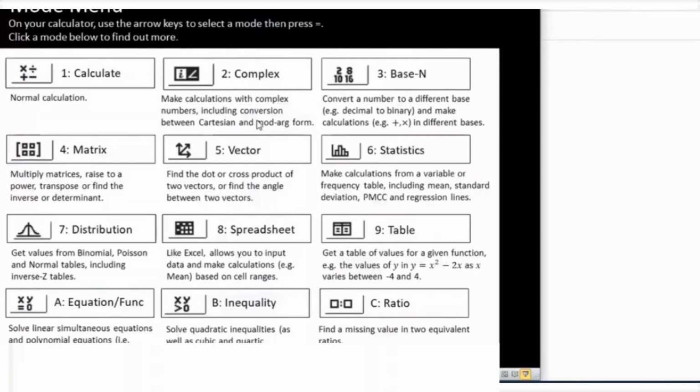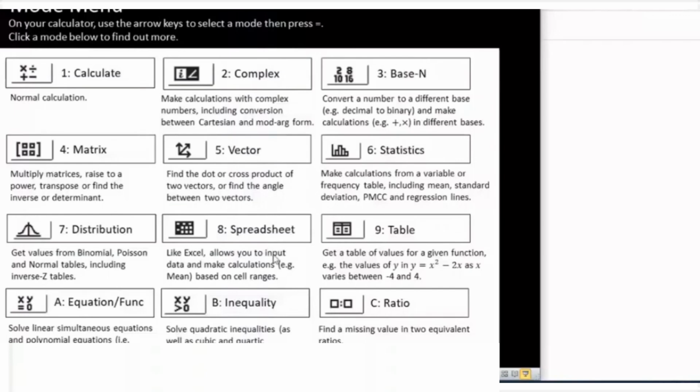Since spreadsheets and base n are not directly related to A-level mathematics, nor matriculation and intermediate mathematics, these are the only two modes that we have not experienced during the previous 8 episodes, because our main concern was math online. So these were the two modes that we did not enter into. Other than that, we have entered into each and every mode and have applied each and every feature.